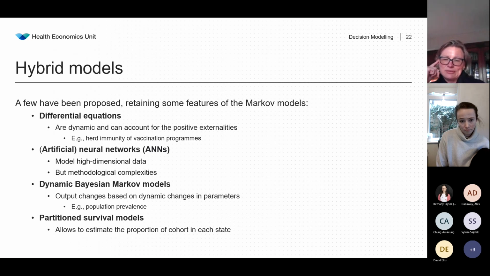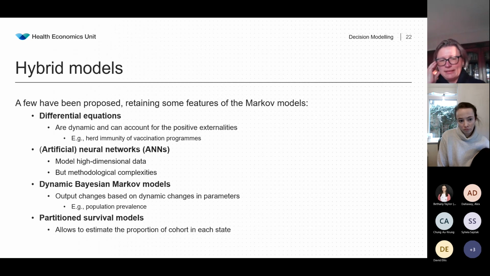Those are suitable when you have a very high number of states and where there may be dynamic changes, so things can be updated dynamically based on occurrence.